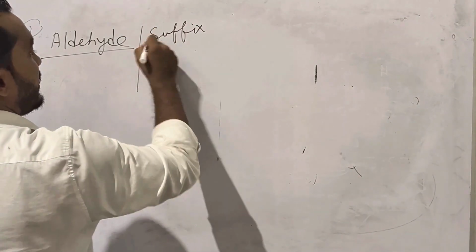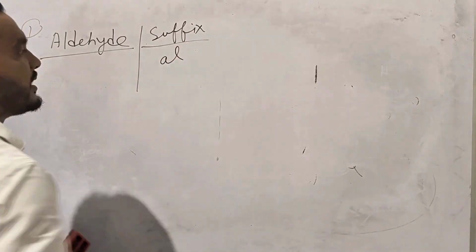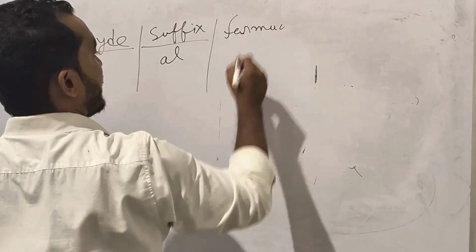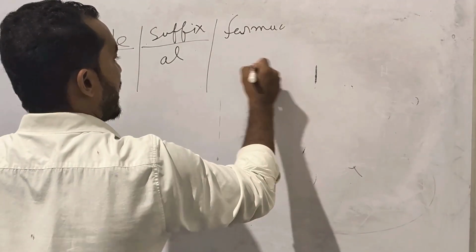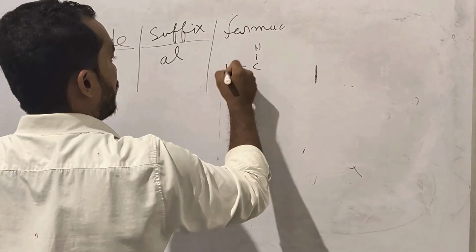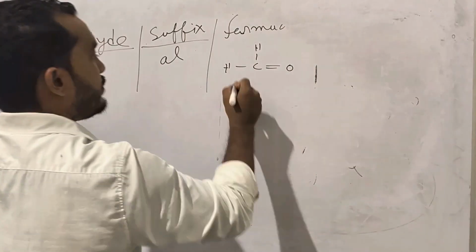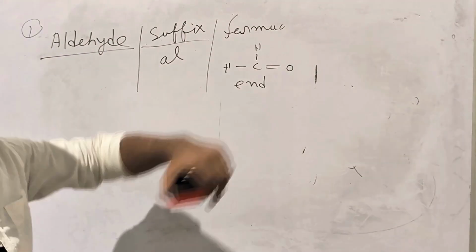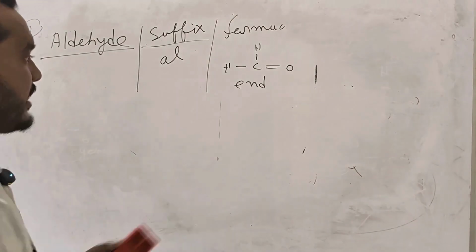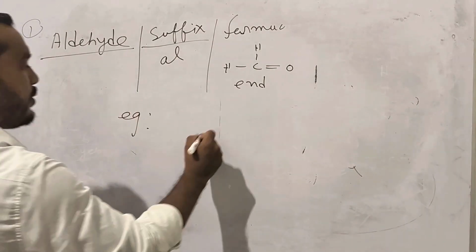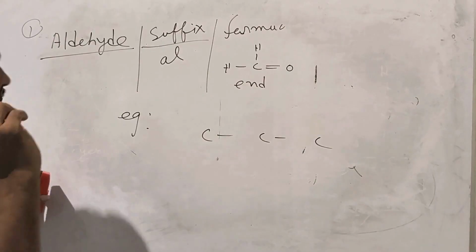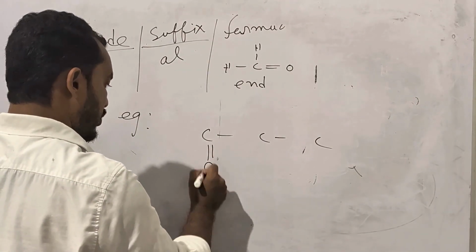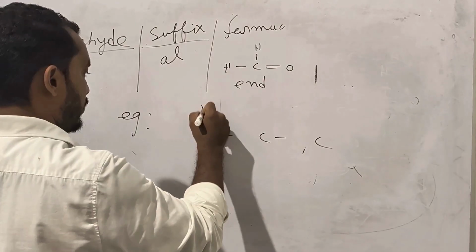The suffix of aldehyde is al, and the formula of this aldehyde, that means in a carbon chain there will be a double bond O, and it should be in the end portion of the carbon chain, the terminal portion. Let me show you the example. Suppose this is your carbon chain, and here there is a double bond O.